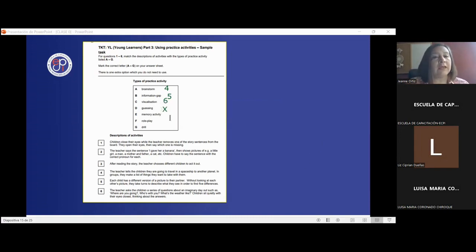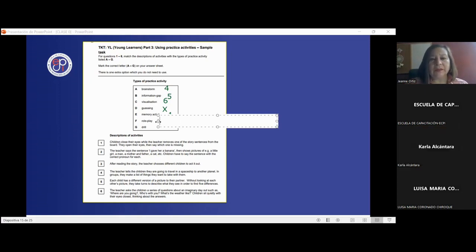What about letter E, memory activity? That's number 1. Because it says, then say which one is missing. You see, they close their eyes, right? They try to remember, and then they say what they remember. So that's why it's a memory activity. Role play is very easy. 3. 3, exactly.